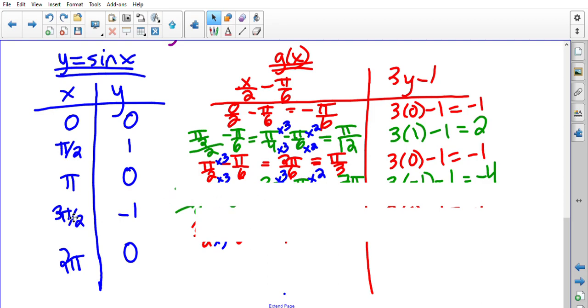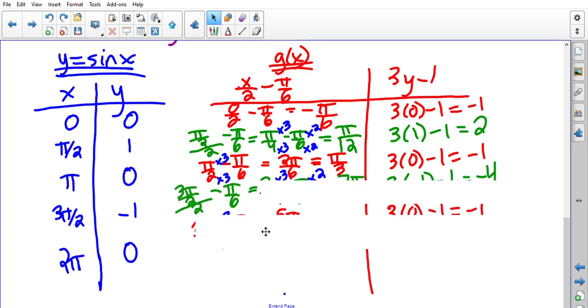Okay, next point, now we're going to sub in 3 pi over 2. So we're doing 3 pi over 2 divided by 2 minus pi over 6. So again, those two 2's will be multiplied. So we're going to get 3 pi over 4 minus pi over 6. We're in the same issue. We have to find a lowest common denominator of 12.